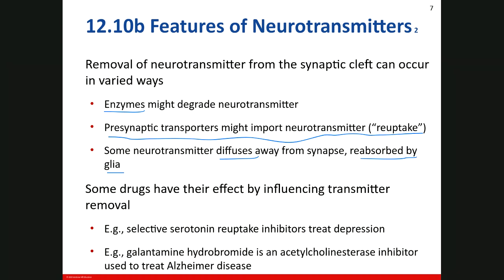Some drugs have their effect by influencing transmitter removal. For example, selective serotonin reuptake inhibitors can treat depression.